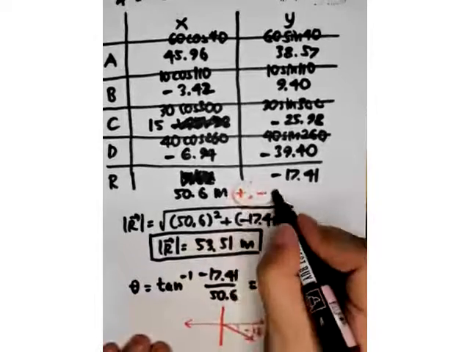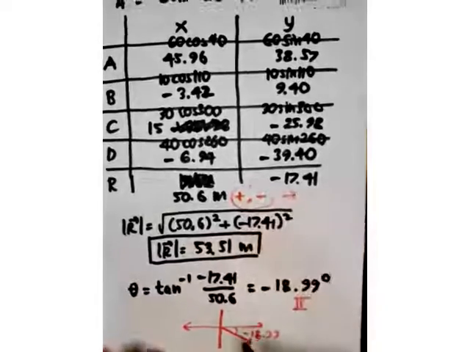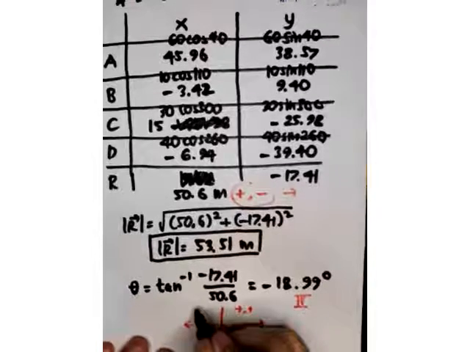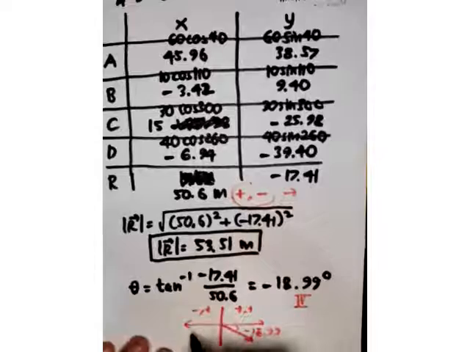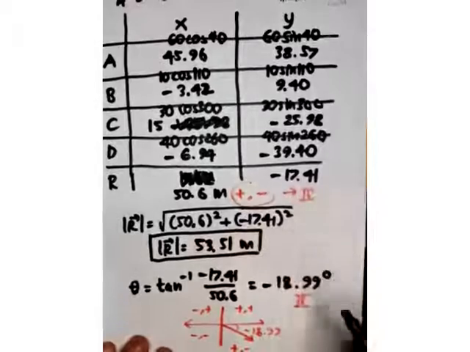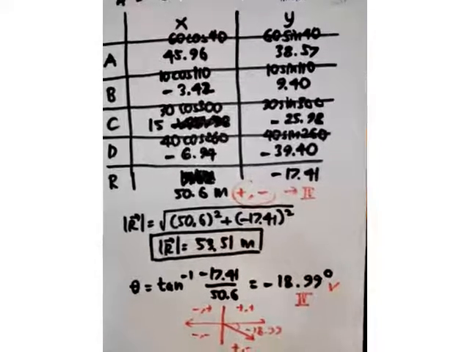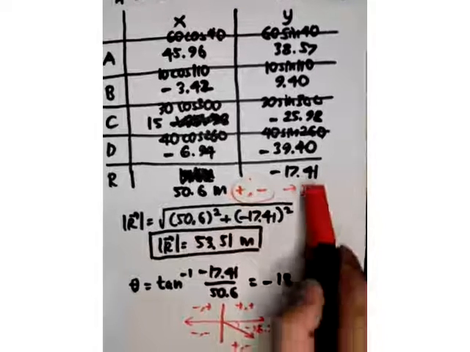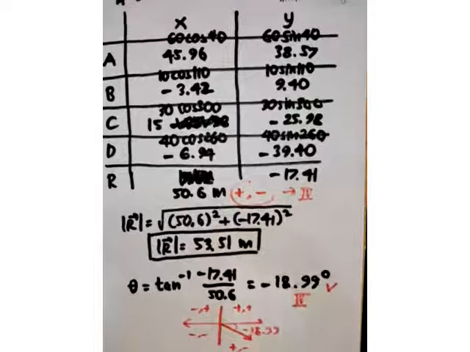So, anong quadrant ang positive, negative? Ito positive, negative, so nasa fourth quadrant din. So, therefore, tama na ang sagot natin, kasi nagmamatch sila na nasa fourth quadrant. Okay?